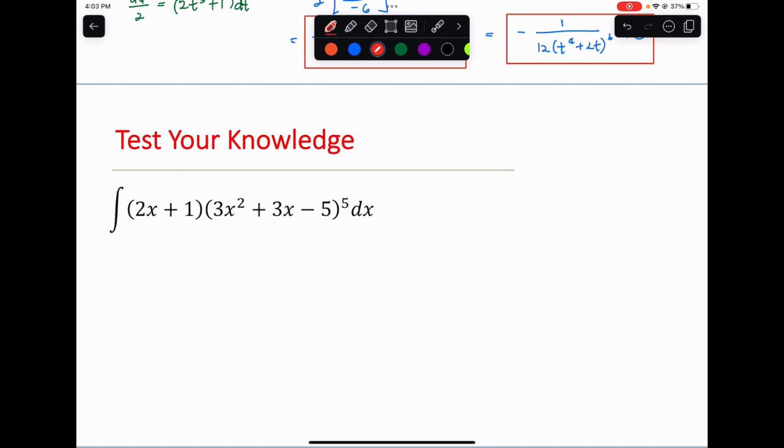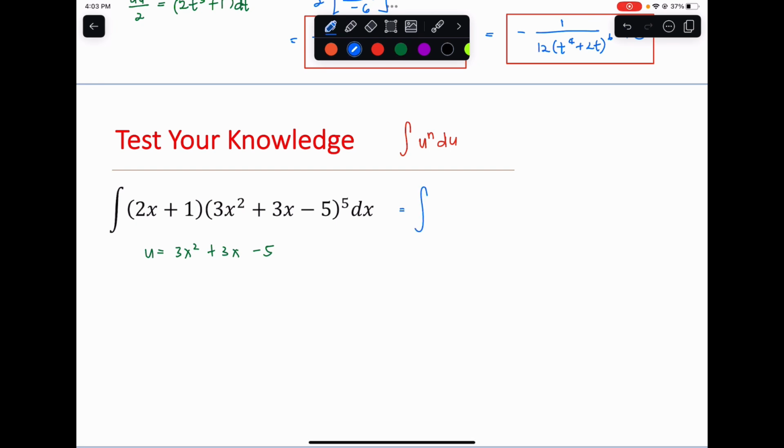Okay, so again, thank you for trying. At least you did your part. So in trying to solve this problem, applying this rule, u raised to n du, we can see that our u is 3x squared plus 3x minus 5.